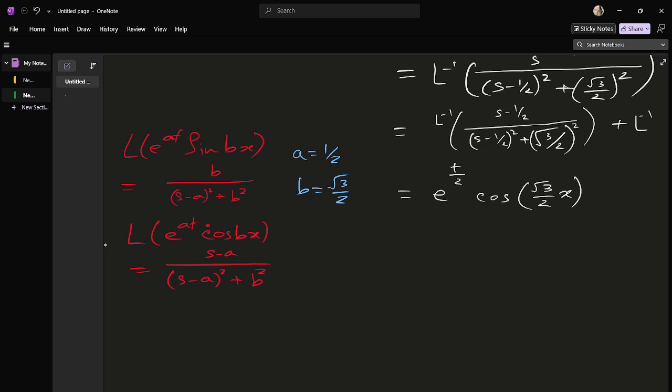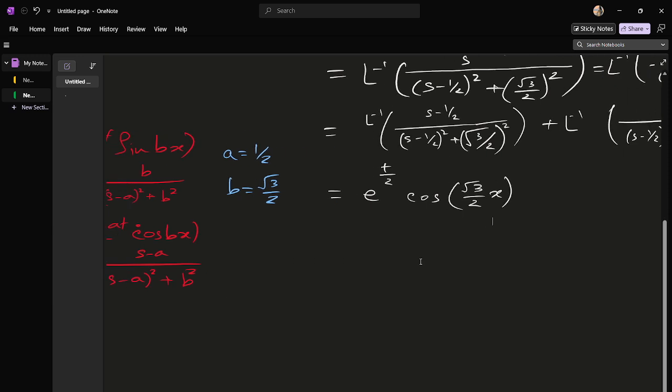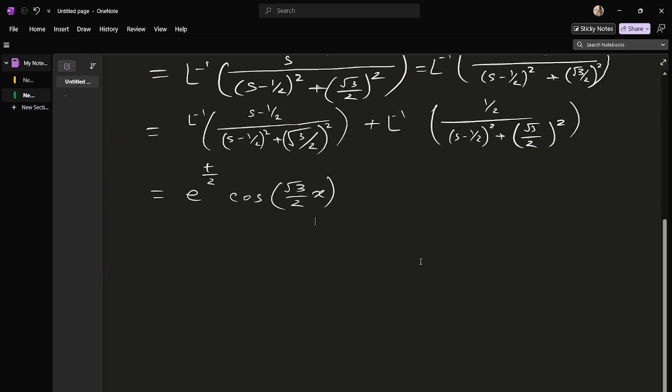Now we have to move forward to our second part. Our second part tells us that if the b term, root 3 by 2, is there, then we can use the formula.